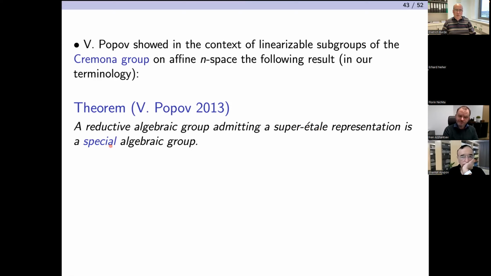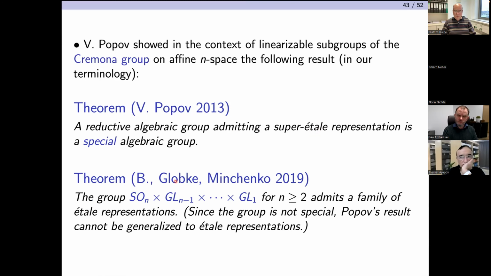And what we did was, first result is, can you extend this to étale actually? Is it true for étale also that then this group must be special? The first result we have here is already a few years ago, but I thought it is still interesting perhaps. No, you cannot.